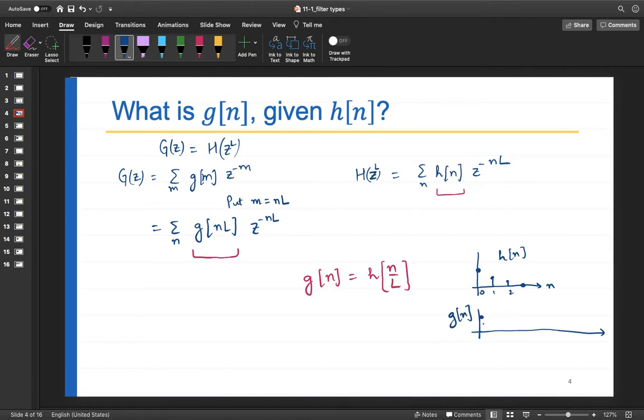So same, no problem at 0. Now g[1] is h[1 upon L], which is a fractional number. So this will stay 0 until n upon L becomes 1. Then it will be equal to h[1]. So at some L, this will become 1. This is basically h[1], right? And similarly for 2, this should be equal to 2L. So again at 2L, it becomes h[2].